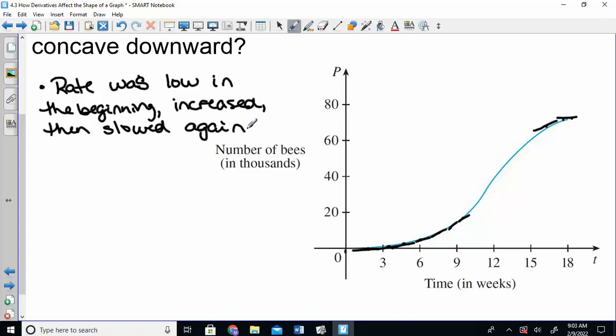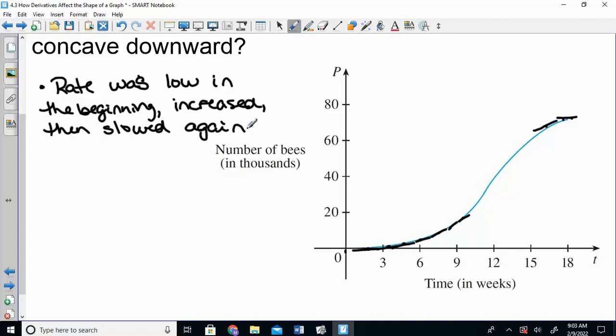We were always increasing our number of bees. We never dropped, but at the beginning we weren't adding bees very quickly. Then all of a sudden we had a big population spurt, we added bees really, really fast, and now our population growth is kind of leveling off again.